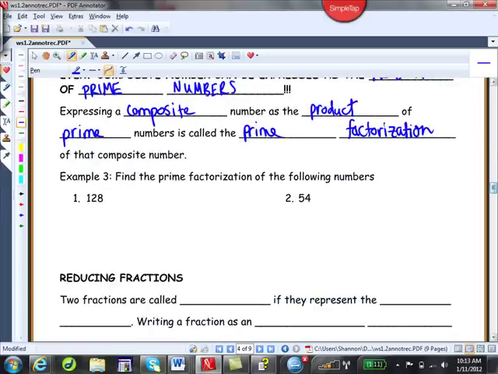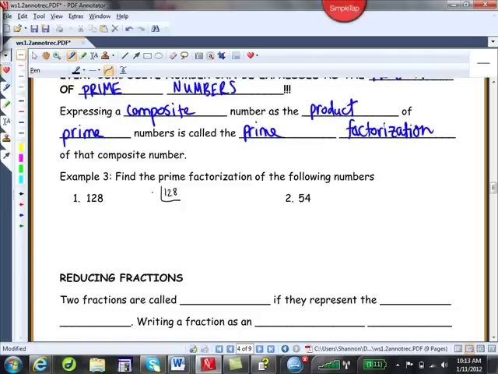So here's the next example. 128. We want to find the prime factorization of the following numbers. I'm going to show you two different methods of performing this skill. One thing you can do is take your number. This is actually the way I prefer it. Put a little box here and think to yourself, okay, it's an even number. So every even number has a factor of 2.